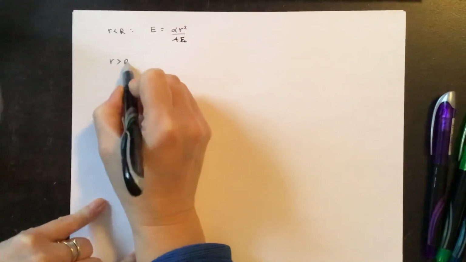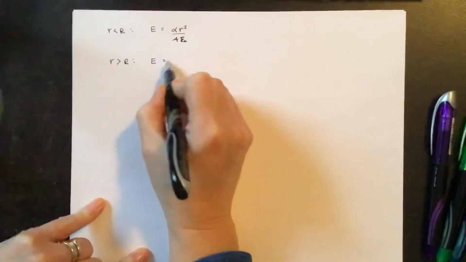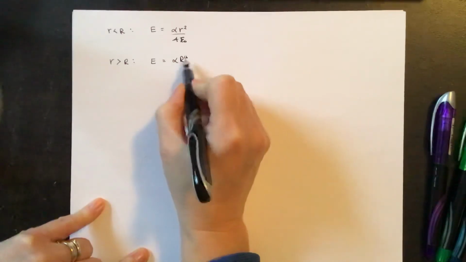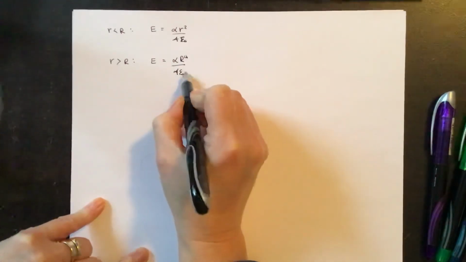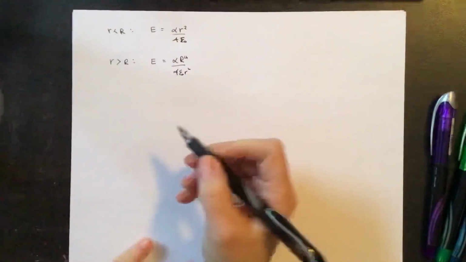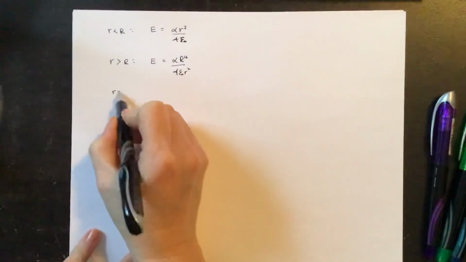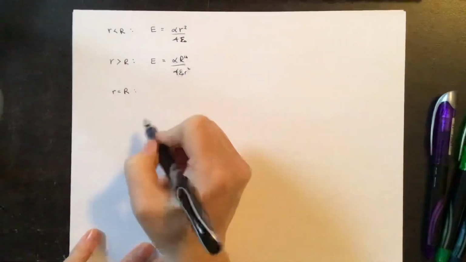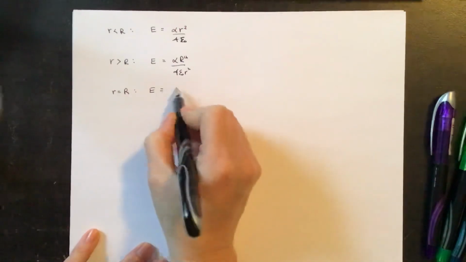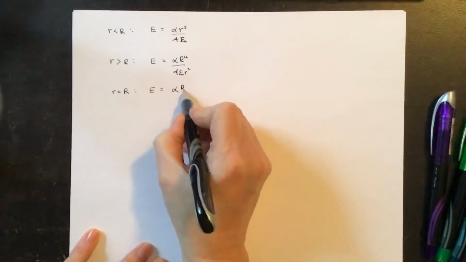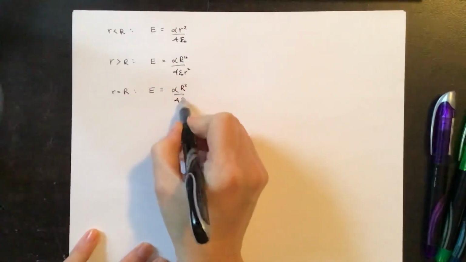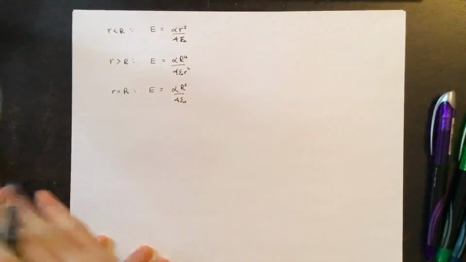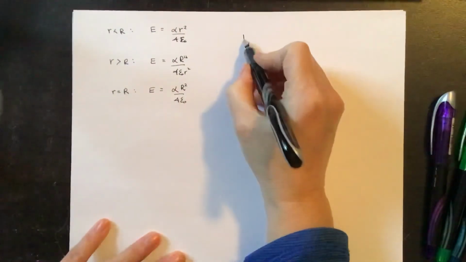If r is outside, E is equal to alpha R to the 4 over 4 epsilon naught r squared. You might notice that r equals R, both equations give the same value of alpha R squared over 4 epsilon naught. So it's good that they're the same value no matter which side you approach it from.